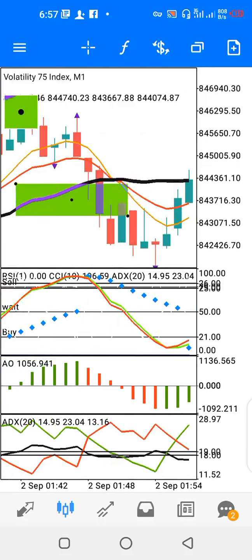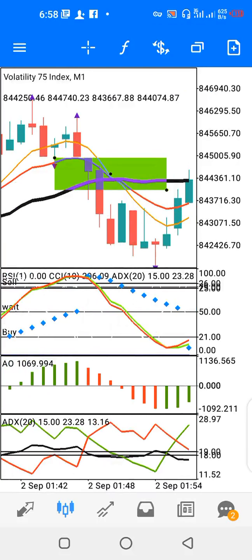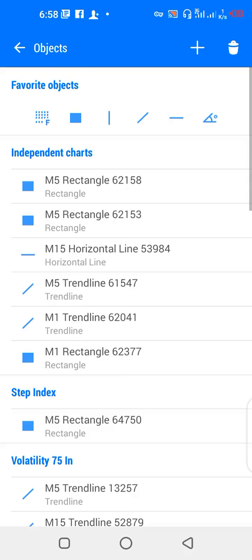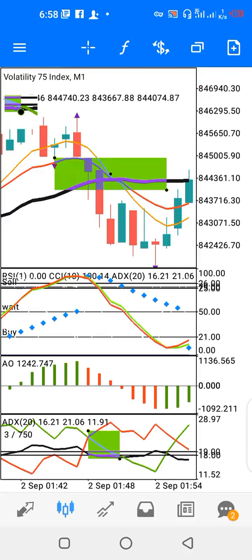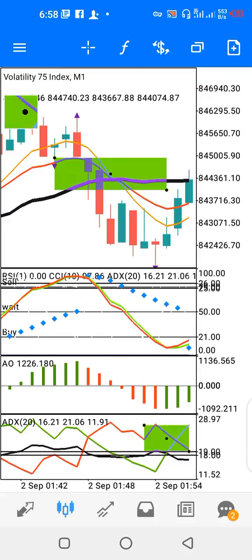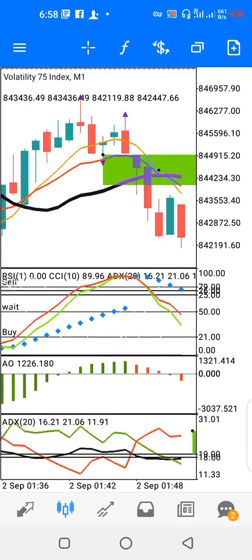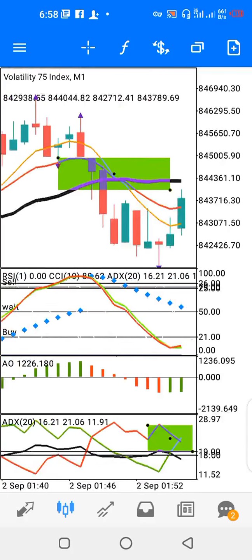You can see what happened around here. This is the time for you to sell, where the red crosses above. Hold on a bit.